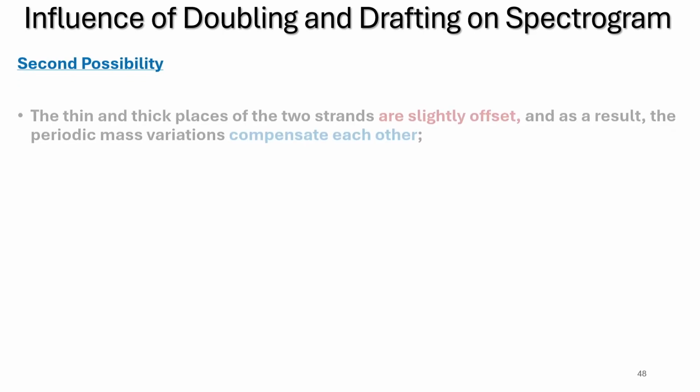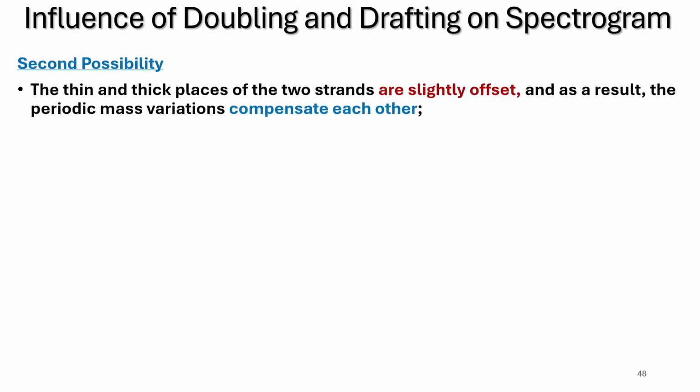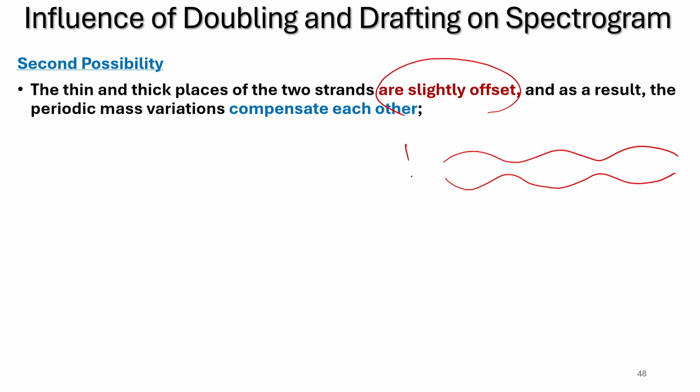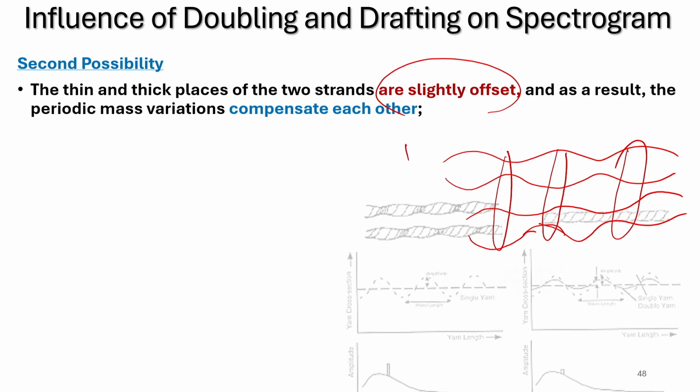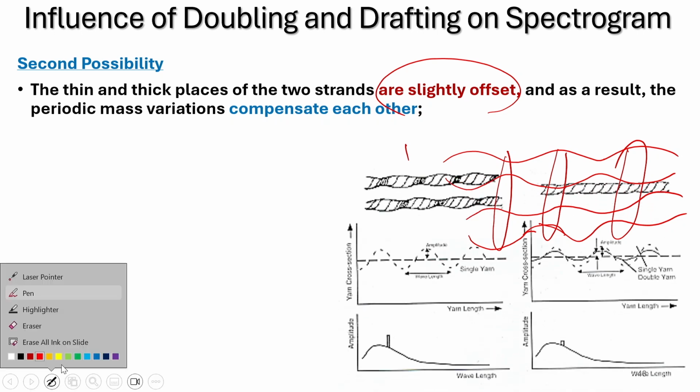And the second possibility is that the thin and thick places of the two strands are slightly offset. That means this is one strand, strand 1, and the second strand is like this. It is a little bit offset. You can see the picture here.